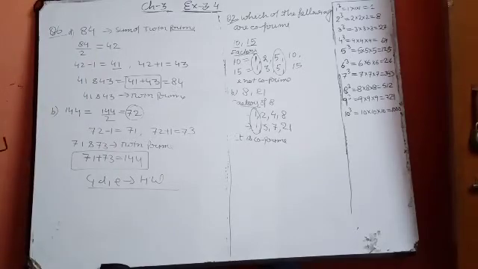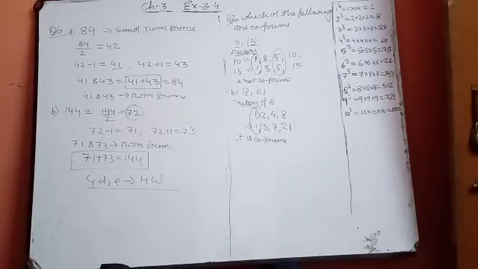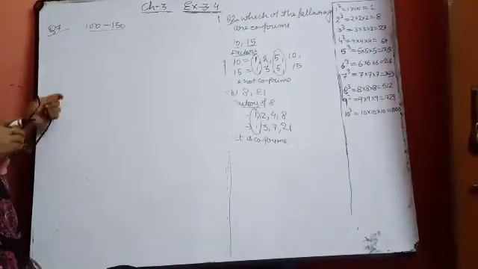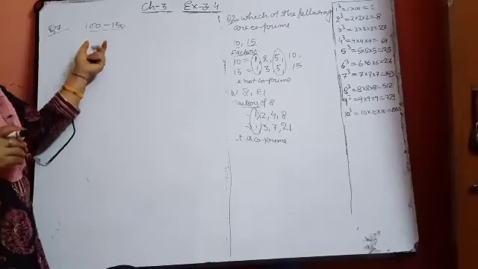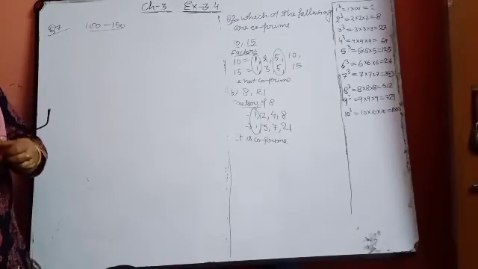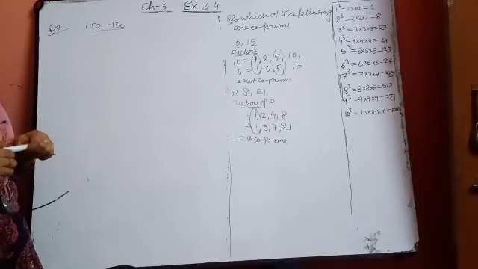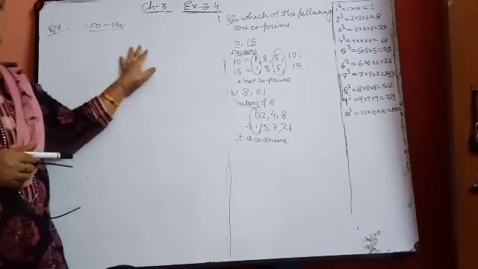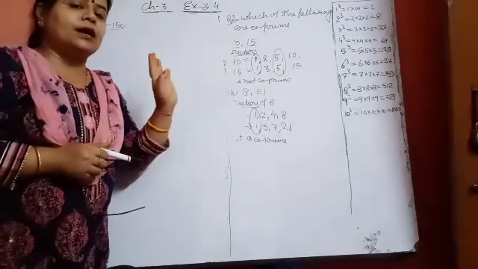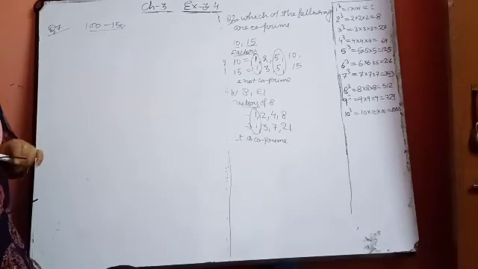Now come to the next question, that is question number 7. Beta, the question is that between 100 to 150 you have to write all the prime numbers. You will first write all the prime numbers between 100 to 150, and then from those numbers you have to select the twin primes.